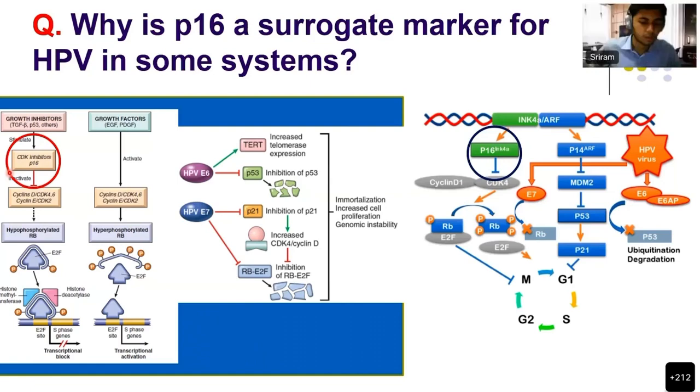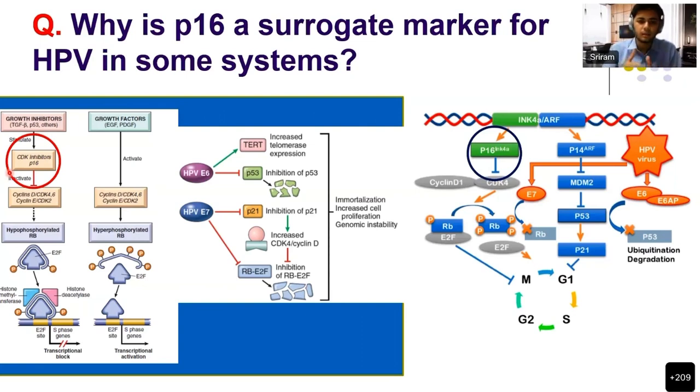Yes, ma'am. So given that we understand the presence and the function of P53 in HPV tumors and non-HPV tumors, we have to understand that in one set of tumors, due to the presence of HPV, the P53 is knocked out, and that is why we have P16 overexpression.